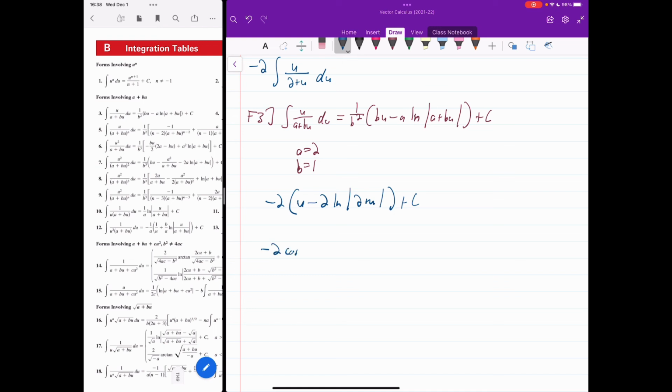Negative 2 cosine of x plus 4 natural log absolute value 2 plus cosine of x plus c.